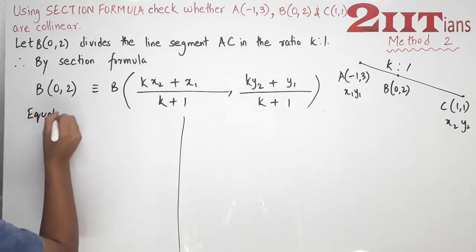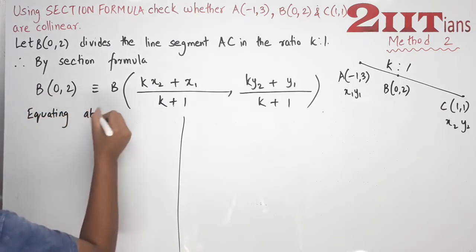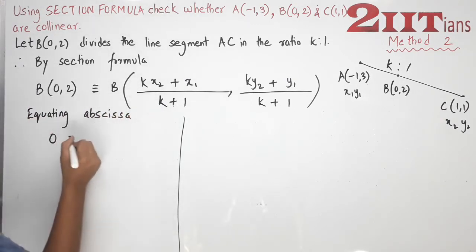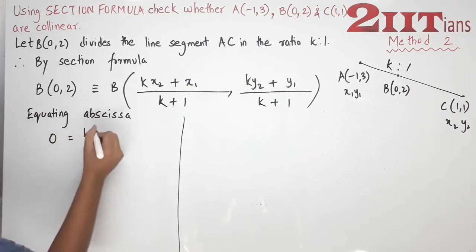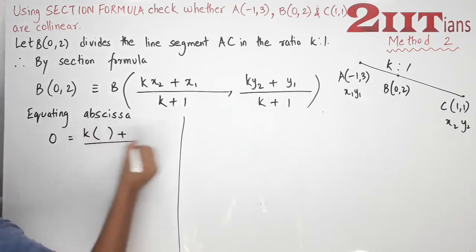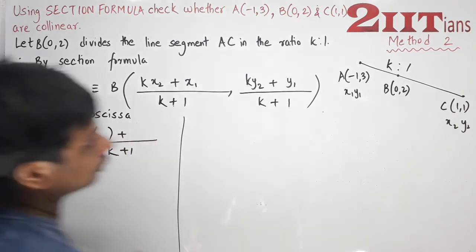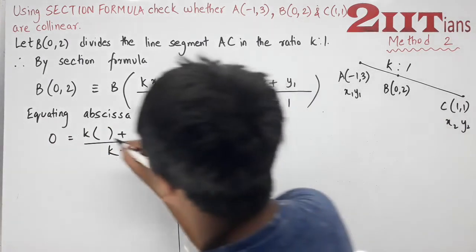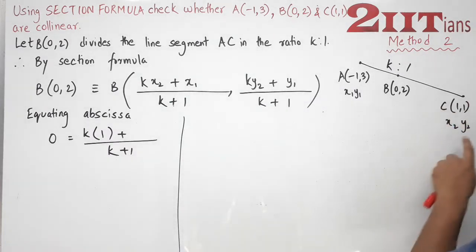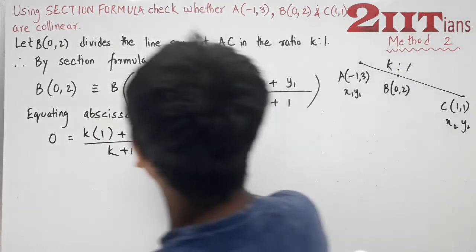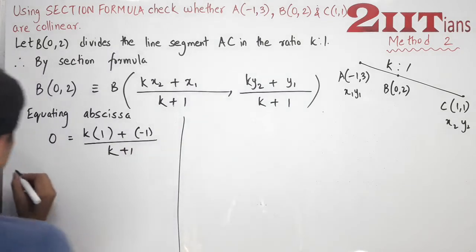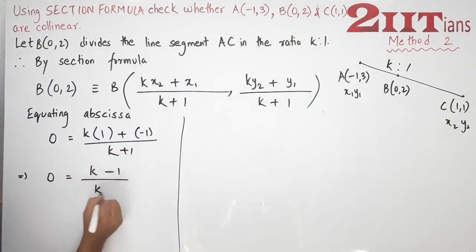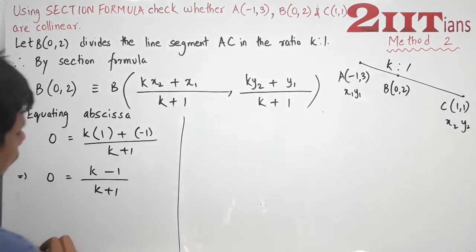Equating abscissa. So 0 is equal to K times x2 plus x1, over K plus 1. What is the value of x2 here? The value of x2 here is 1. The value of x1 is minus 1. So this implies K minus 1 divided by K plus 1 is equal to 0.